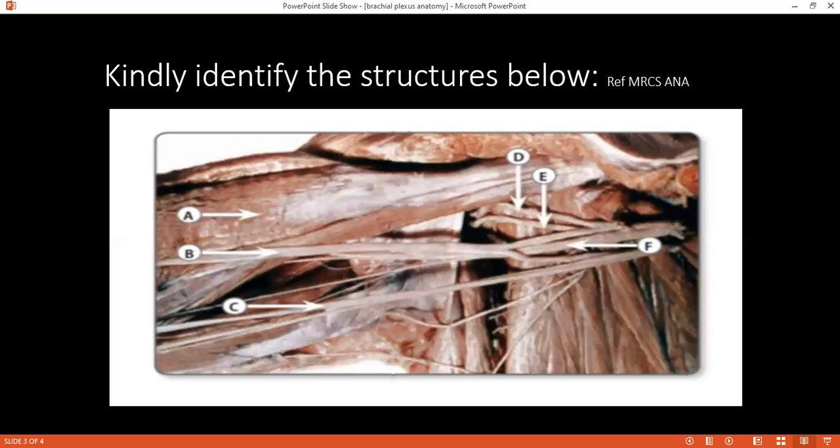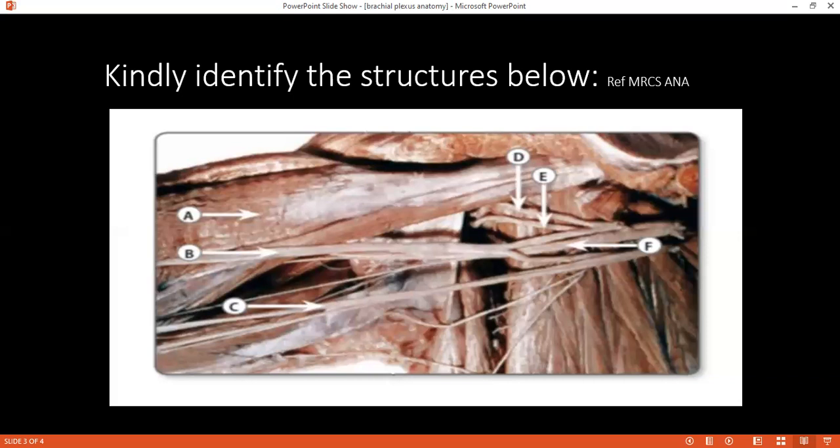A C5, C6 patient presents with Erb's paralysis. What would be the motor and sensory loss that you'll see on the patient? There will be porter's tip position. The arm will be adducted, that is loss of the deltoid function, and the forearm will be pronated, so there will be loss of supination.